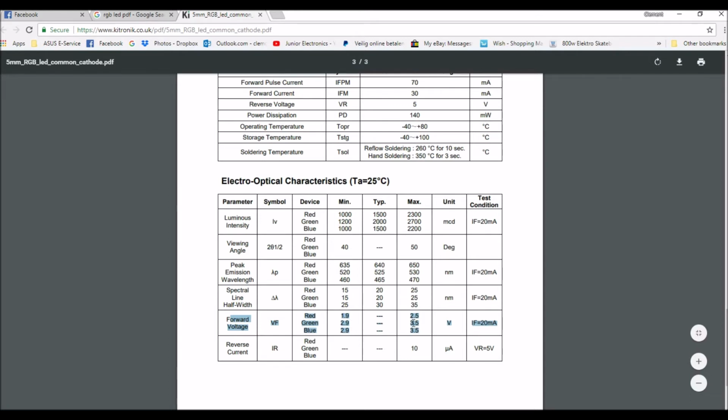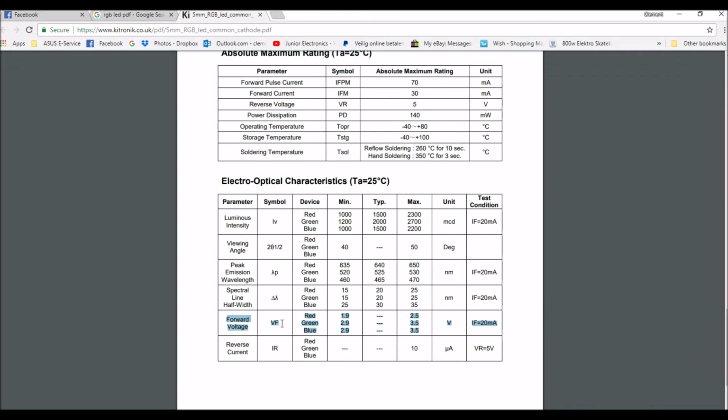Beyond 3.5, the maximum, will burn the LED, and the current is about 20 milliamps. So this is the information we need to calculate the right value of the resistance to power the LED. This is the most important information.